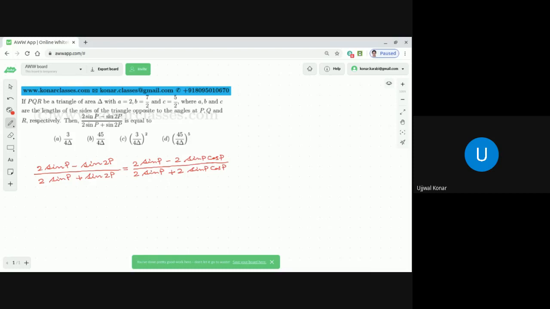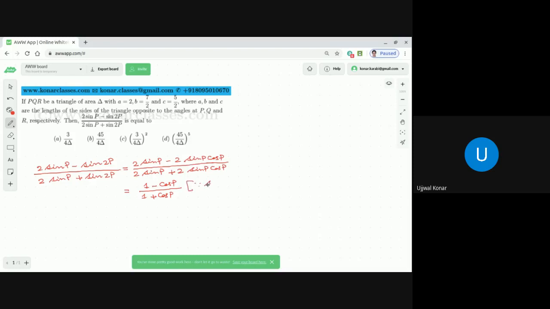And from there we can take 2 sin P common, and that will get cancelled. So we will end up with (1 minus cos P) divided by (1 plus cos P).